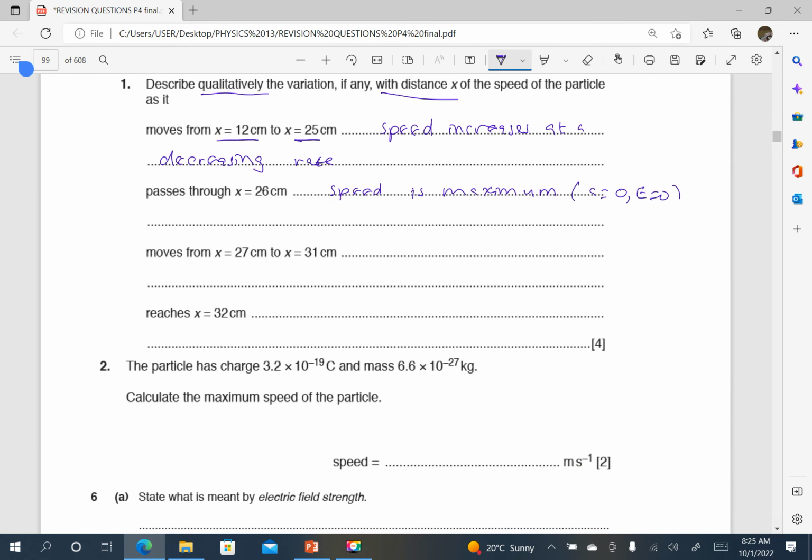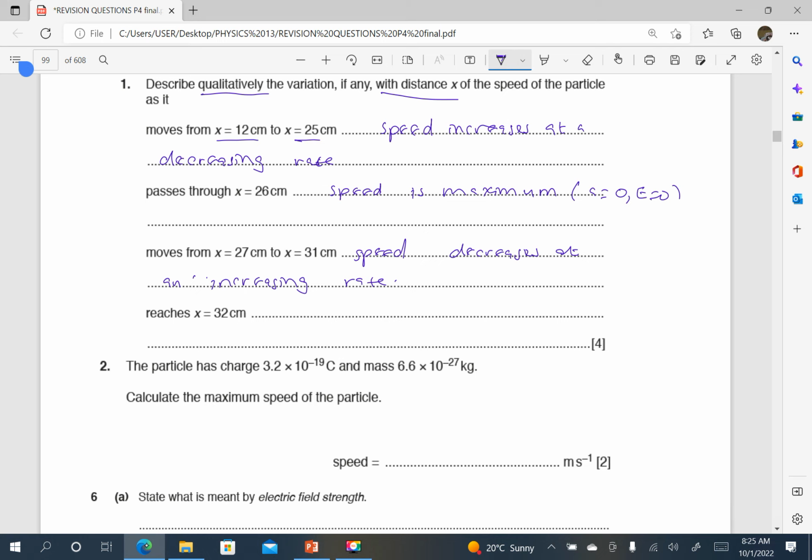So here we are saying the speed decreases, but at an increasing rate. Speed decreases at an increasing rate.